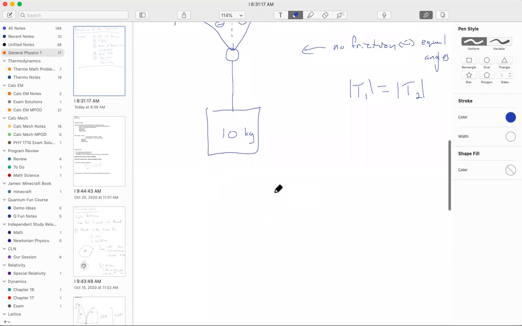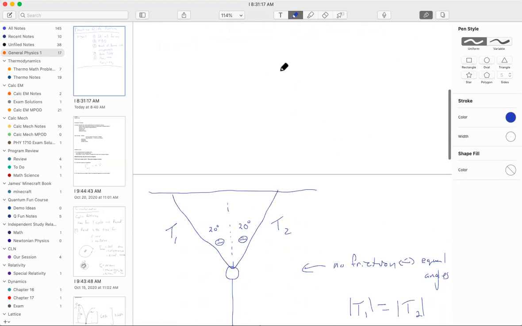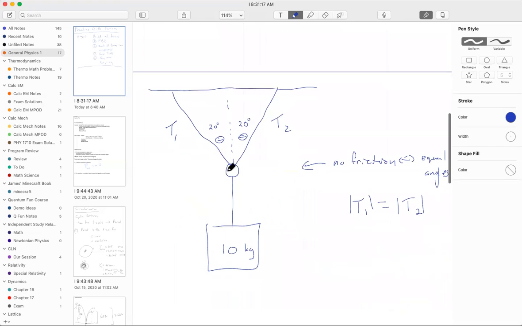Okay, so let's go through the process and try to figure out what tension needs to be on each of the vertical ropes. So we identify all the forces. First of all, we have to choose an object. In this case, I'm going to make the ring my object, and the forces acting on it are the two tensions, which have equal magnitudes.